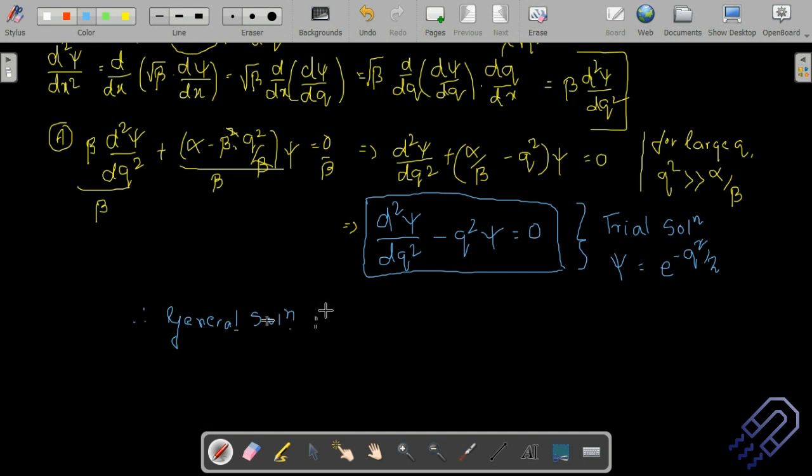The general solution for this is psi is equal to h, and h will be a function of q because the variable is q, into e to the power minus q square divided by 2. But we are doing quantum mechanics, and we don't have that much time for the mathematical part. This is actually a part of mathematical physics. Such equations are there in mathematical physics, and people usually solve them. This coefficient, which we write as H(q), is called the harmonic polynomial.